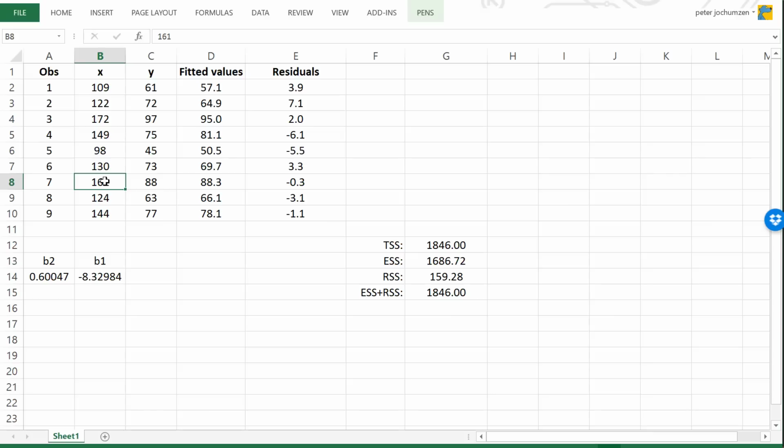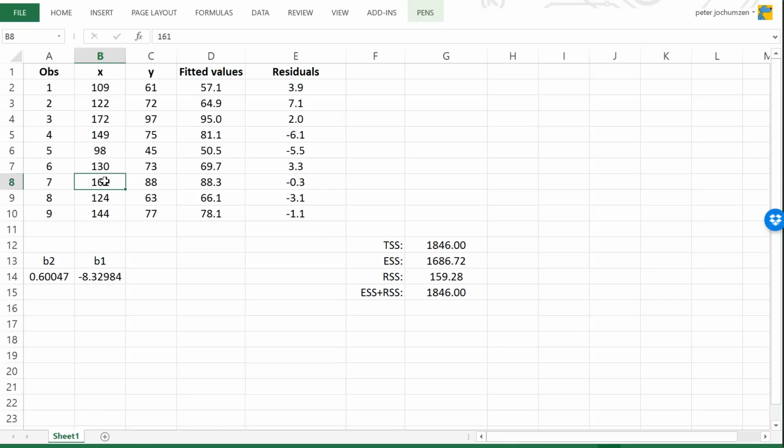So the TSS, that is viewed as the total variation in the data, and in the Y data in this case, the variable that we're trying to explain. So we think of the TSS as the total variation in the dependent variable or the Y variable. The explained sum of squares, ESS, we think about that as the part of the variation in the Y data that we can explain with our linear trend line.